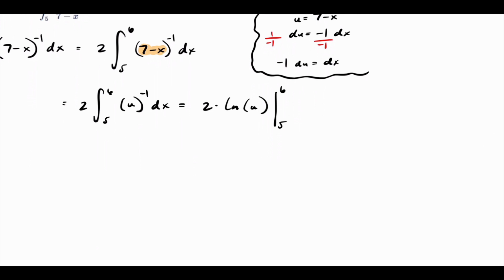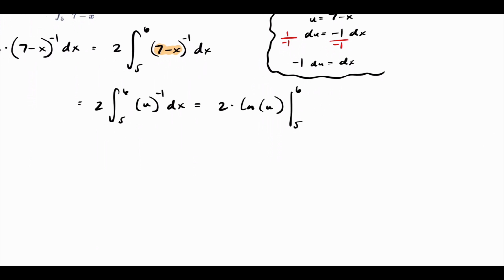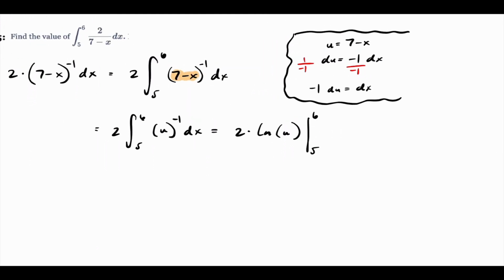Oh, yeah. Sorry, let me go back a step. Thank you. I forgot to plug in, it should be negative 1 du. So the negative 1 can move to the front with the 2.